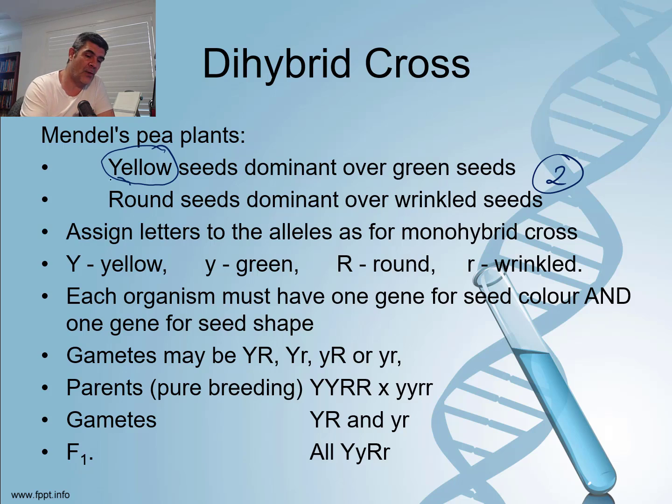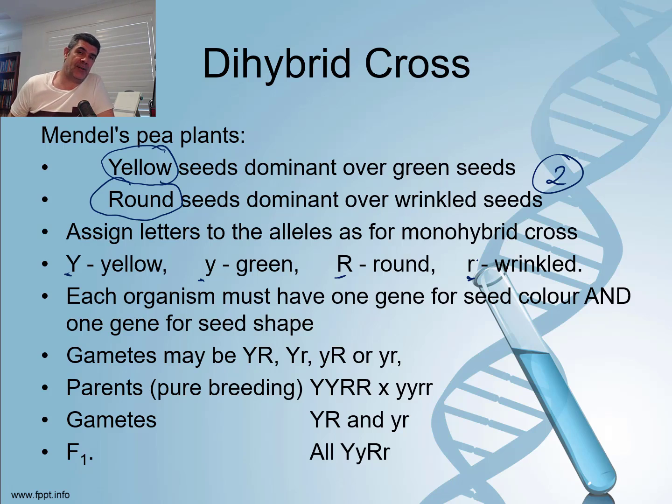And if round is dominant over wrinkled, then we can use a capital R as the dominant allele. So when the two occur together, we understand what that means. Now you see, instead of having two letters, we have four letters: two for the trait of seed color and two for the trait of seed shape.